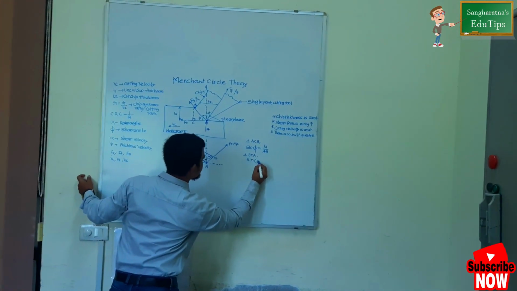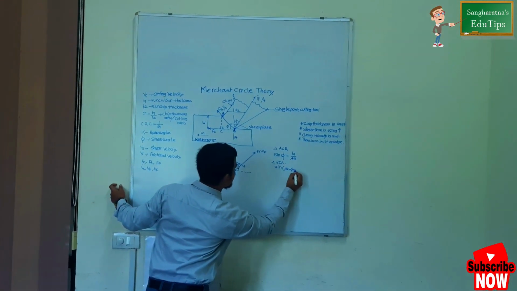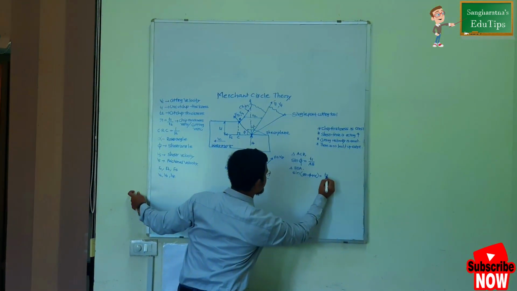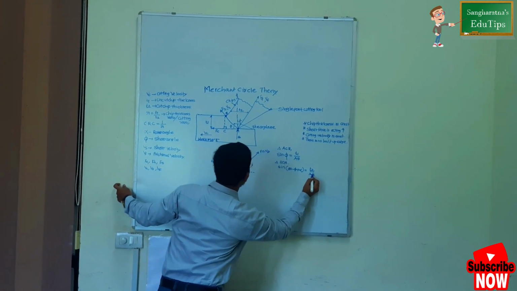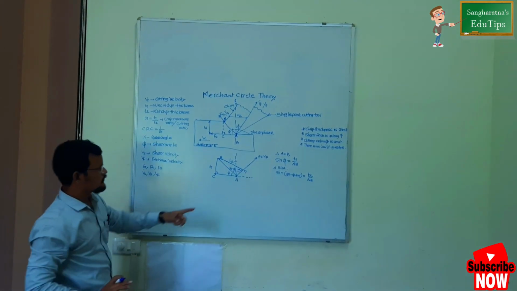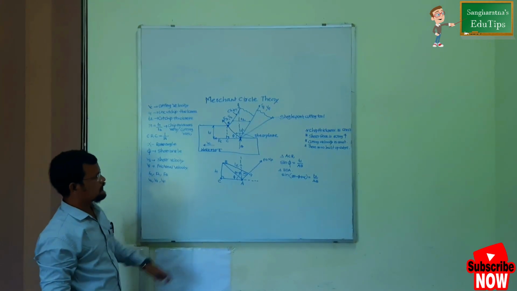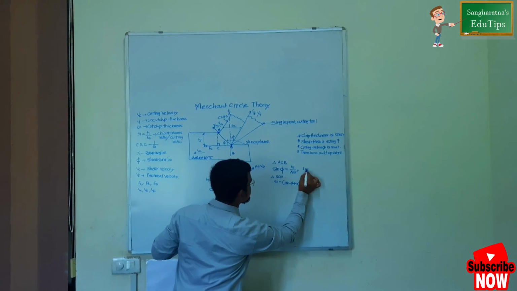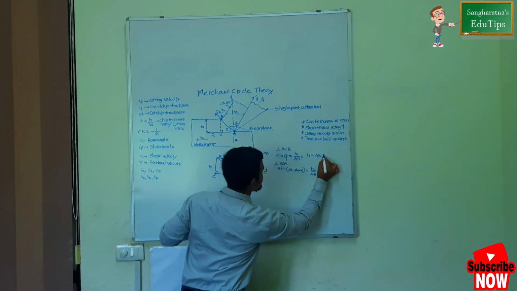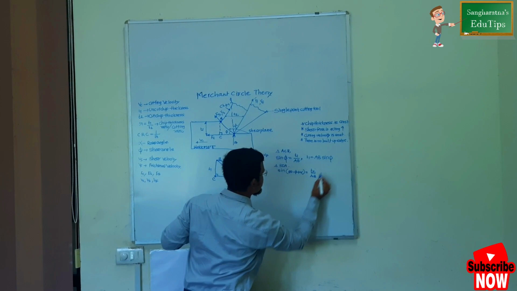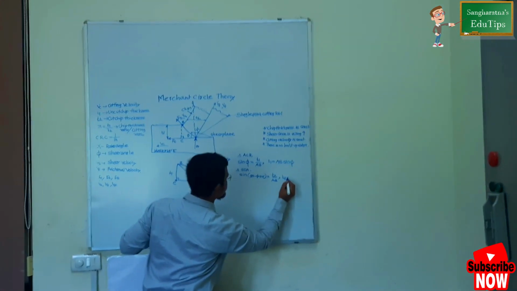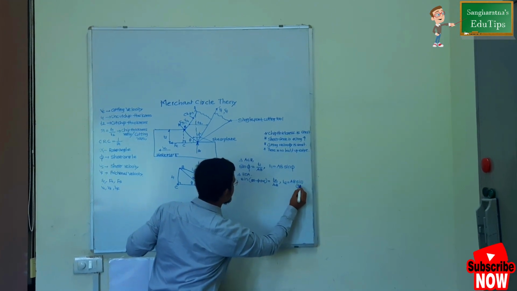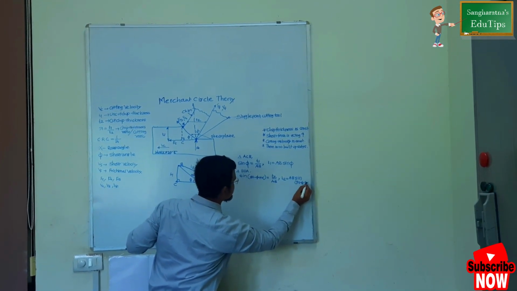Sine of 90 minus phi plus alpha equals opposite upon hypotenuse, which is T2 upon AB. So T1 equals AB sine phi, and T2 equals AB sine of 90 minus phi plus alpha.